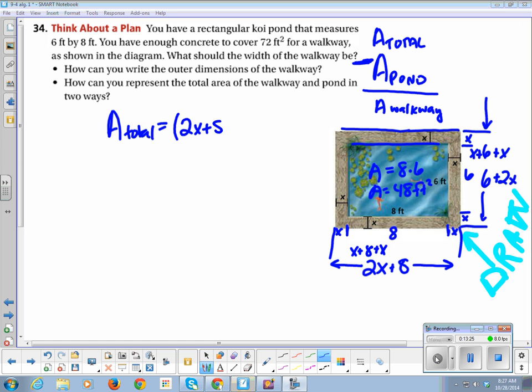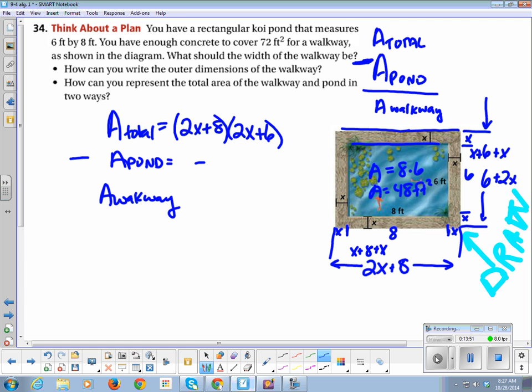two x plus 8 times 2x plus 6. And then the area of the walkway is this guy minus the area of the pond, which we found was 48.